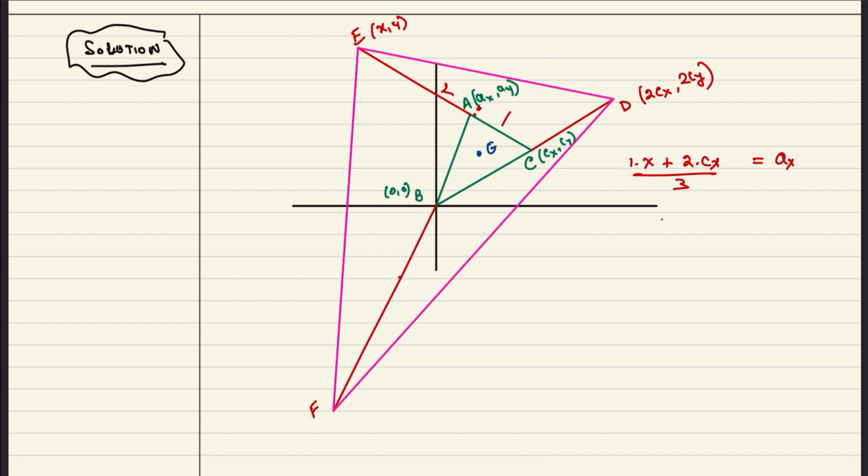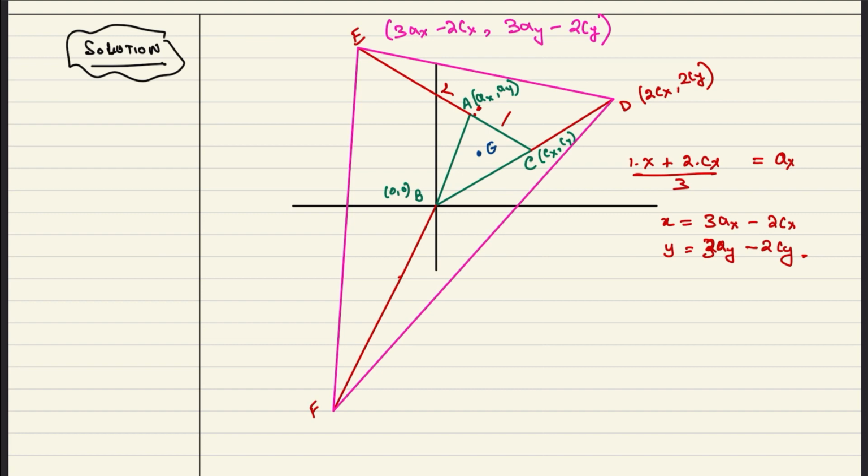That means small x is equal to 3ax minus 2cx. Similarly, small y will be 3ay minus 2cy. So we get the coordinate of E, which is 3ax minus 2cx, comma 3ay minus 2cy.